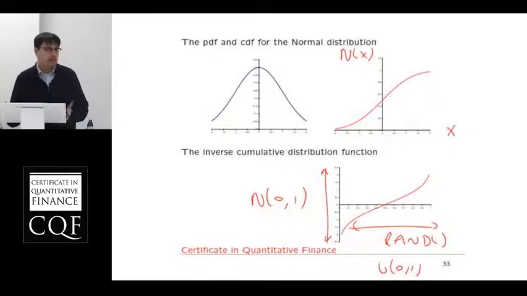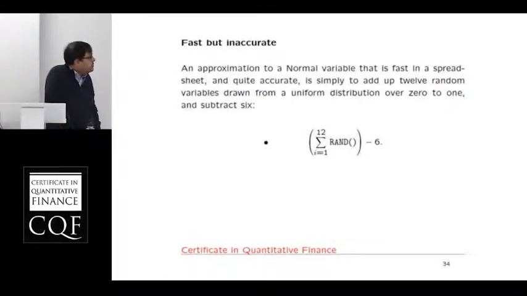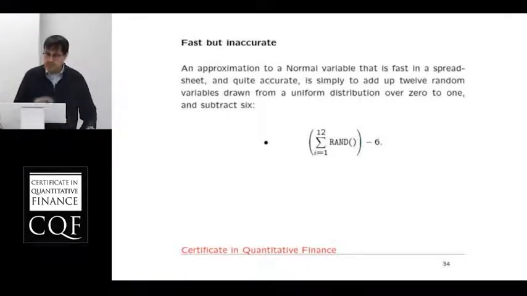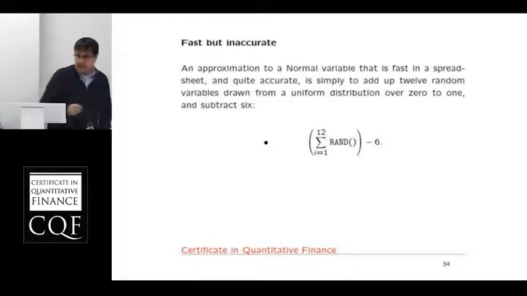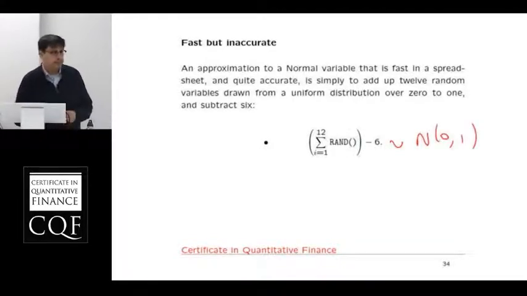So this is one way. I'm going to use that. Paul will always use some other method, but I prefer that. The other way to do this is a faster way, but it's inaccurate. The smallest amount of rands you can use and get away with is 12. So sum up 12, subtract off 6, and this is a crude approximation to n01.